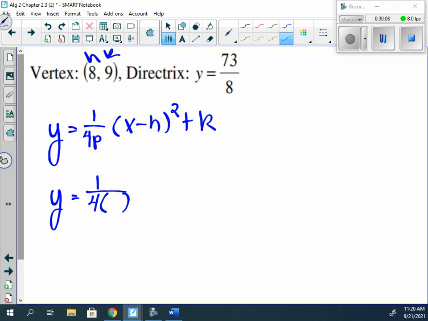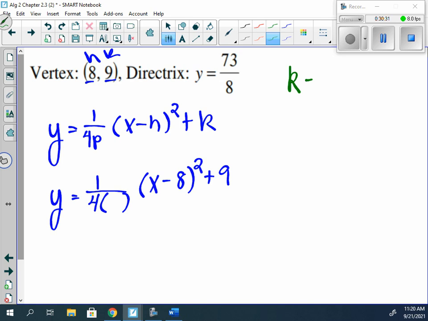We don't know what the value of p is, but I do know what the value of h is. It is 8. And the value of k is 9. Now what's the general equation for the directrix?